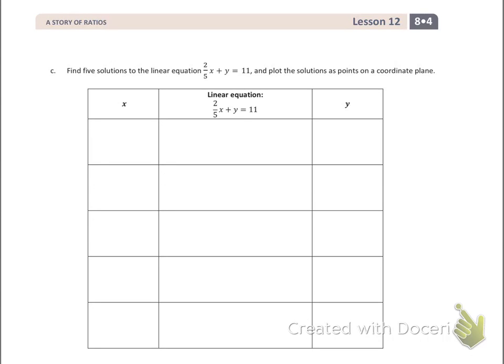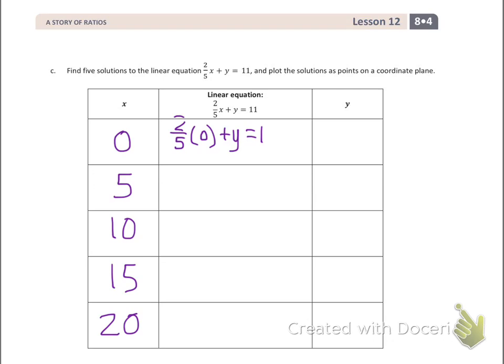We could actually pick 0 for x as well. So that would be a good place to start. But then we could pick some other multiples of 5. So we could do 5, 10, 15, and 20. So if x is 0, then I have 2/5 times 0 plus y equals 11.